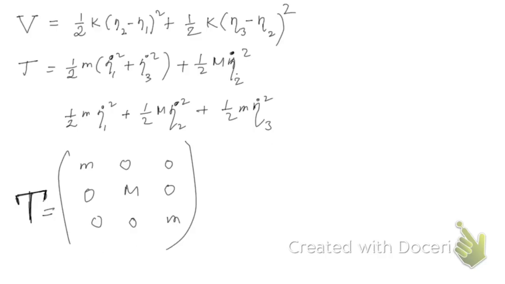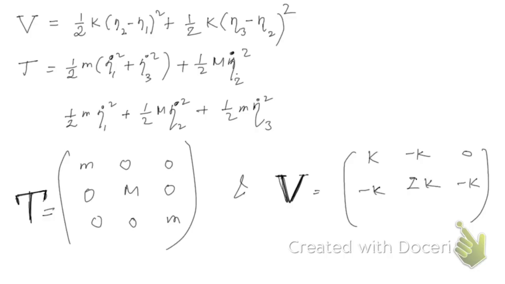Similarly, if you simplify this equation, you're going to get another matrix, let me use bold V here. Remember that the matrix will be of this form. It is very easy to remember. Here you see k, then minus k, 0, then minus k, twice k, then again minus k, again 0, minus k, k.